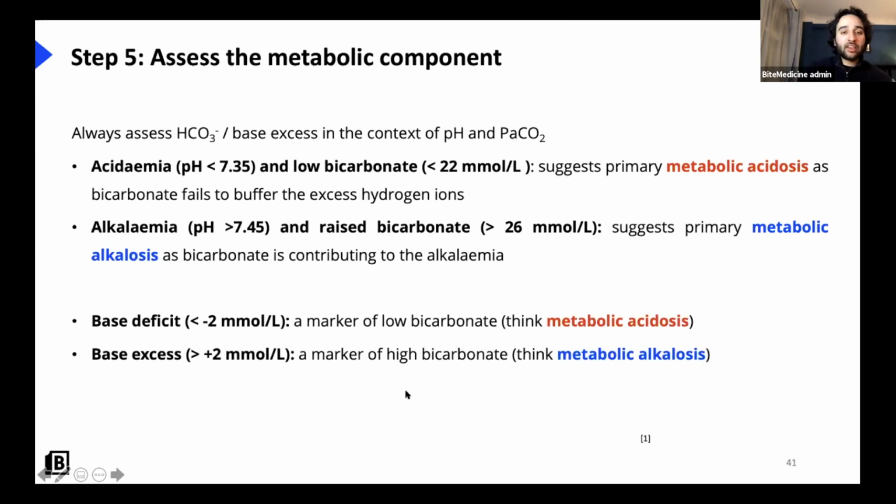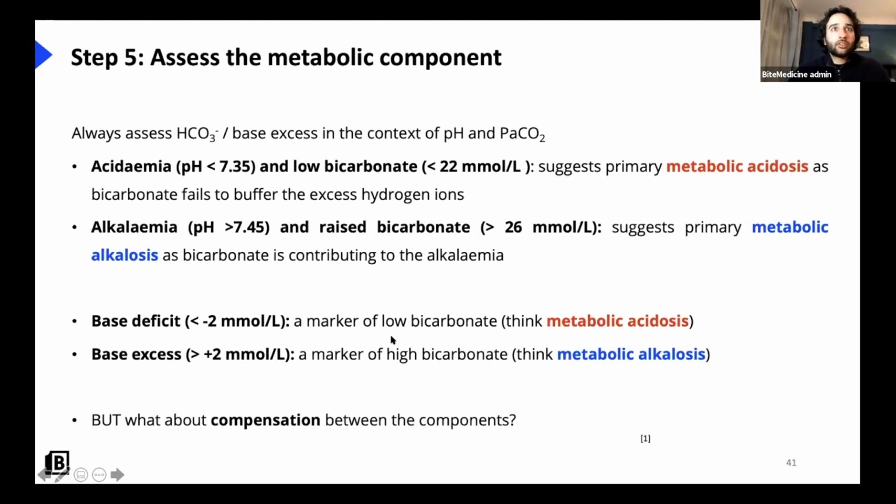It's not quite as simple as this, but you could essentially consider your base deficit and excess as surrogates for your bicarbonate. Technically it's not exactly that, but in clinical practice, this is how you would generally consider it.